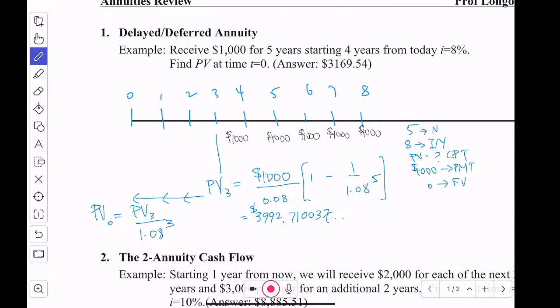You could actually leave the negative in your calculator and then discount it. It'll become a positive. So this will be what I need to store. I'm going to store that in 1. And you can just leave it as a negative.